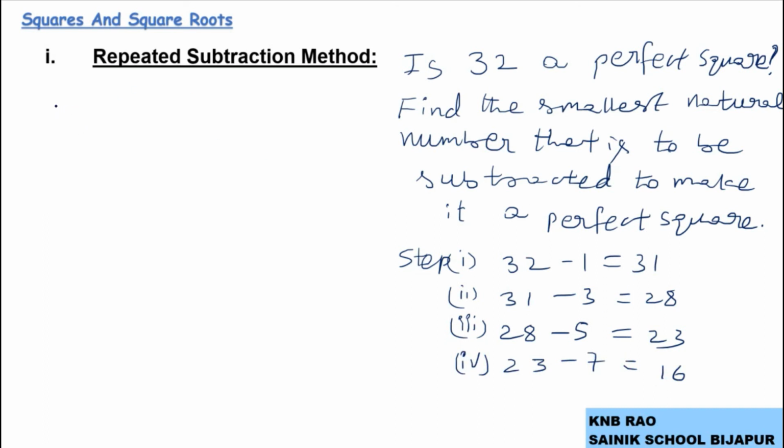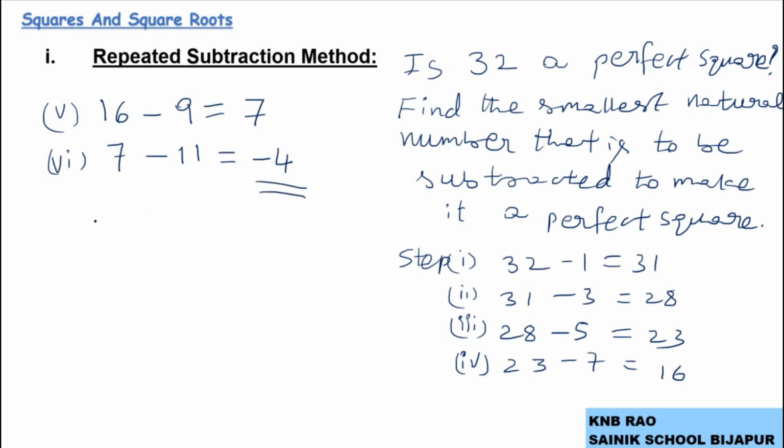Next, in step number 5, 16 minus the fifth odd number, 9. 16 minus 9 is 7. In the sixth step, 7 minus the sixth odd number, 11, gives us minus 4. That means we didn't get 0. Therefore, 32 is not a perfect square.